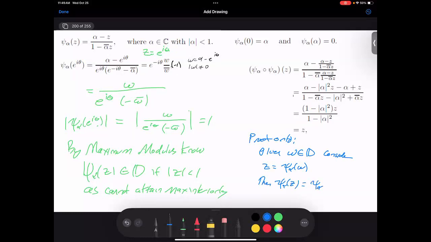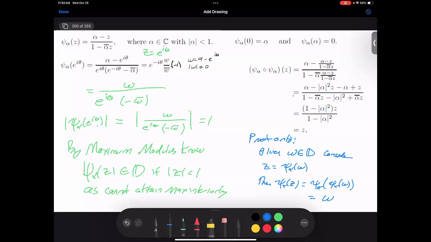That'd be C alpha of C alpha of w, which is just what? w. So it's onto. What's nice is that this is essentially a constructive proof. One way that I can prove it's onto is I can give you the specific point that's sent to w. Hard to dispute that.